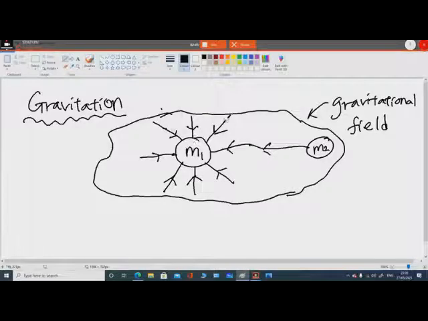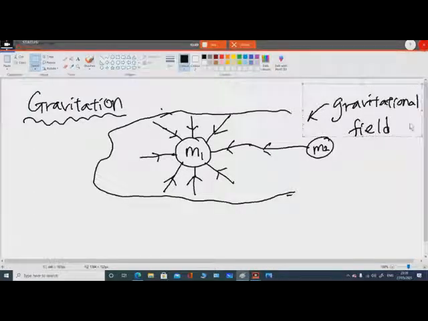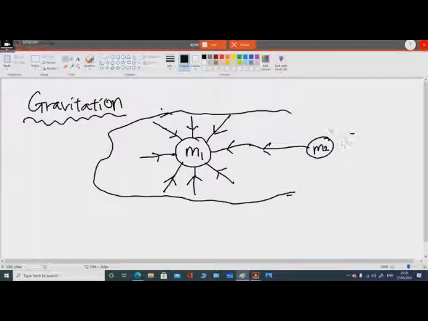But at the same time, this M2, let me draw this wider.